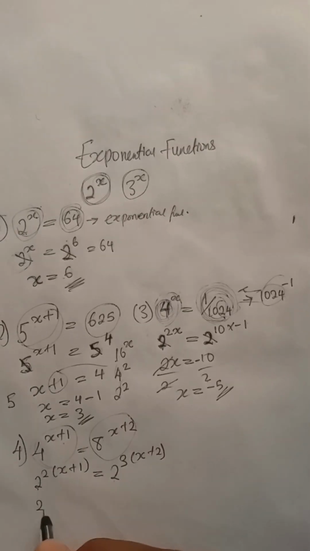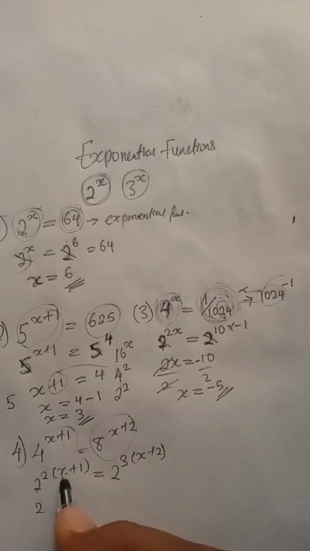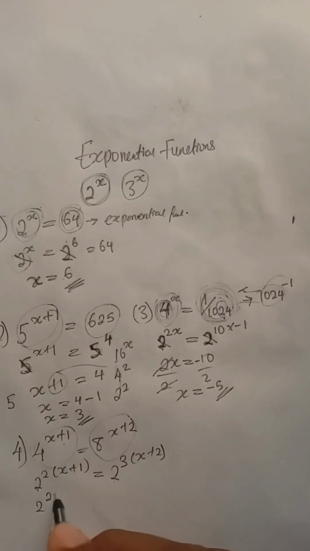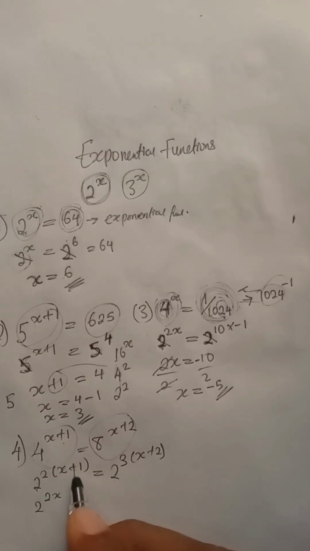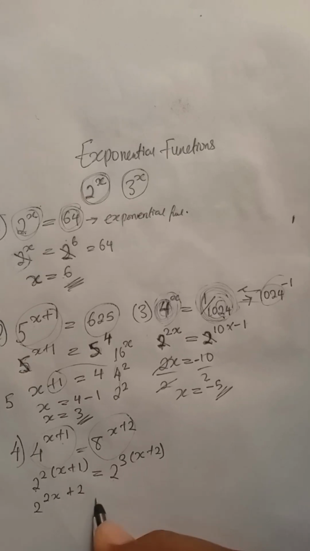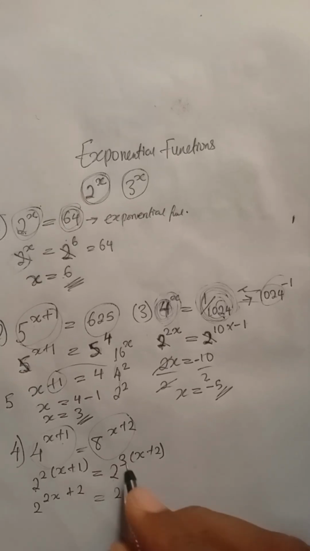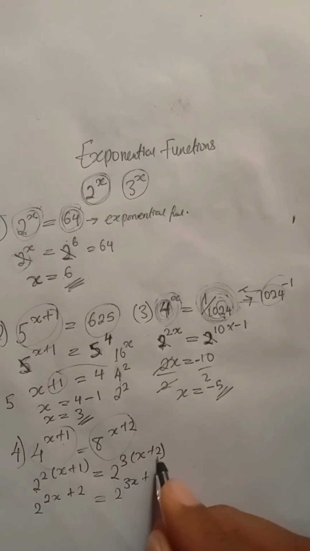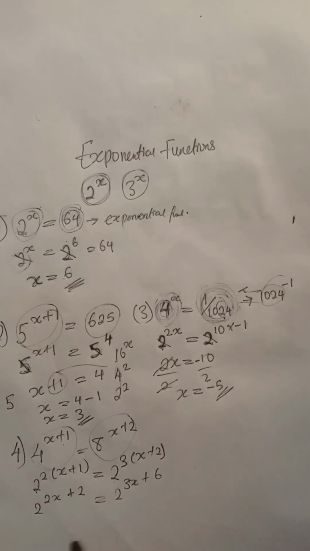So here we have 2 multiplied by x will give us 2x. 2 multiplied by 1 will give us plus 2 equals to, sorry, this 3. 3 multiplied by x will give us 3x plus 3 multiplied by 2 will give us 6.